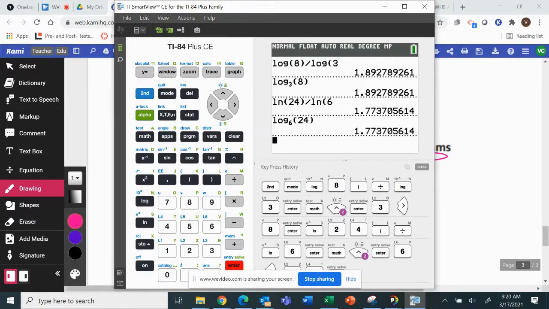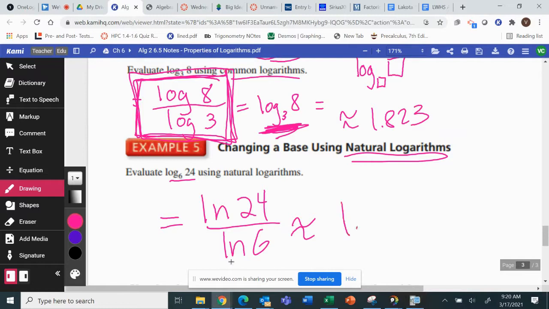Okay, so you can see I got the exact same answer either way. You're just learning what the change of base formula means. 1.774.